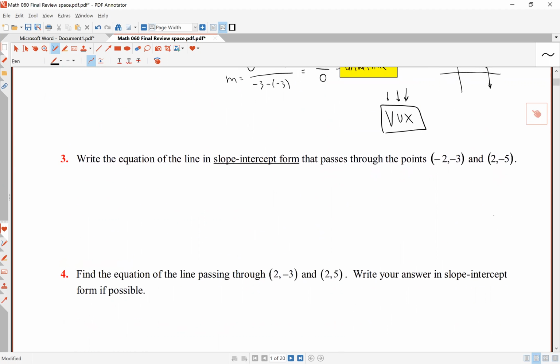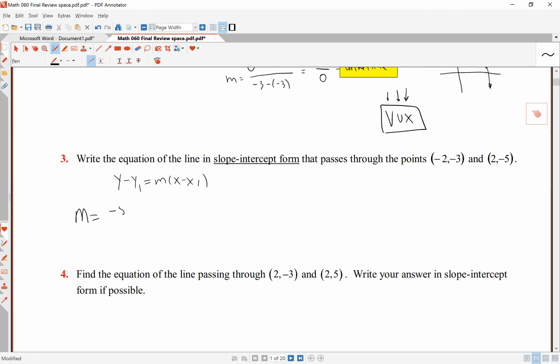Okay, so write the equation of the line in slope-intercept form. So we use this point slope formula, y minus y1 equals m times x minus x1, when we want to write the equation of the line. So we choose either of those points to plug in, but before we do that, we need to know what the slope is.